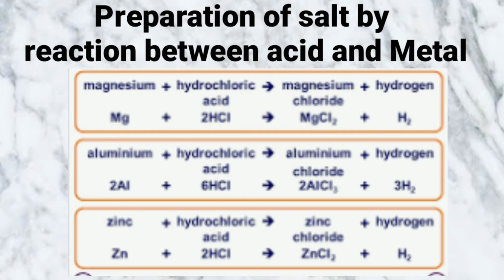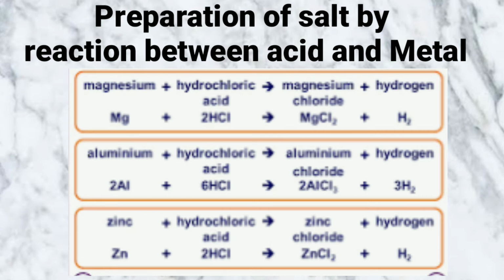Now come to preparation of salt by reaction between acid and metal. We have already studied that an active metal displaces hydrogen from an acid to form salt.